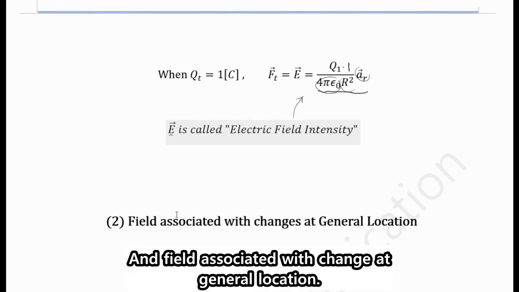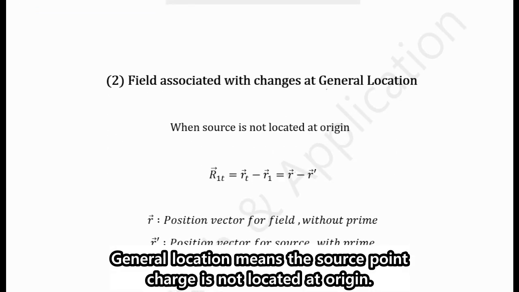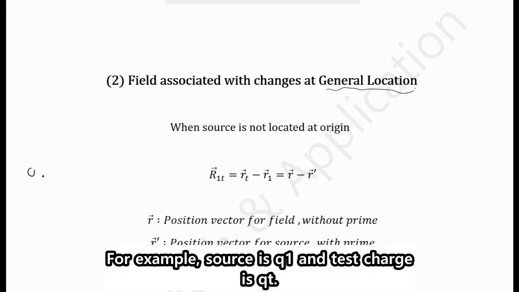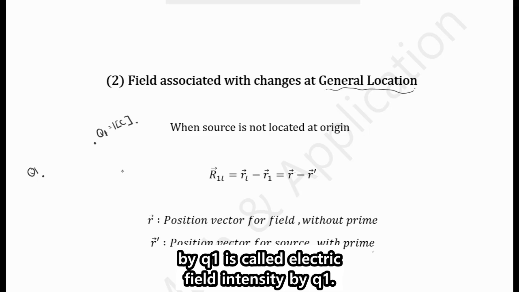And the field associated with a charge at a general location. General location means the source point charge is not located at the origin. For example, the source is Q1 and the test charge is Qt. When Qt is 1 Coulomb, the force exerted on Qt by Q1 is called the electric field intensity by Q1.